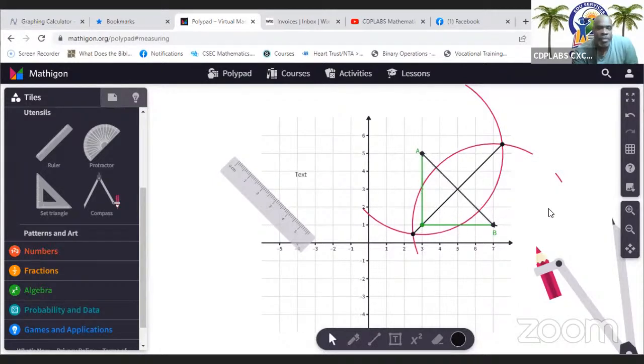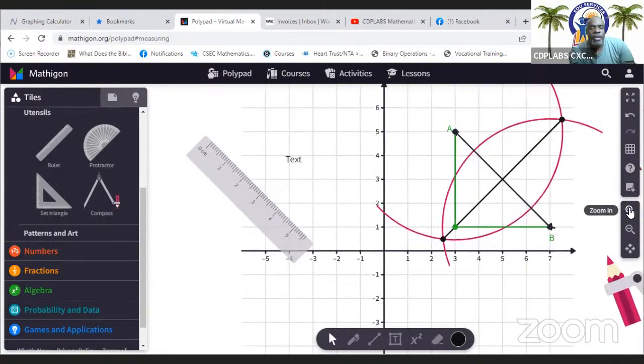(5, 3) is the midpoint. So we used a graph. I'm going to show you a calculation method now to show that the actual answer is (5, 3).